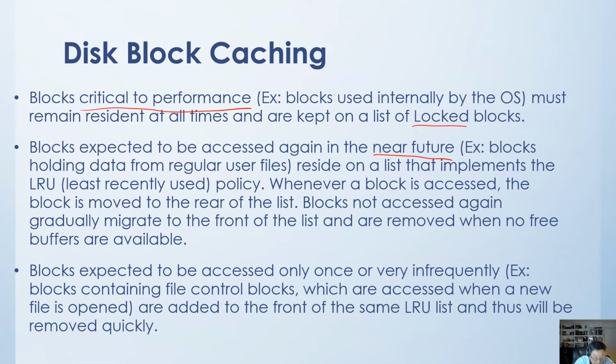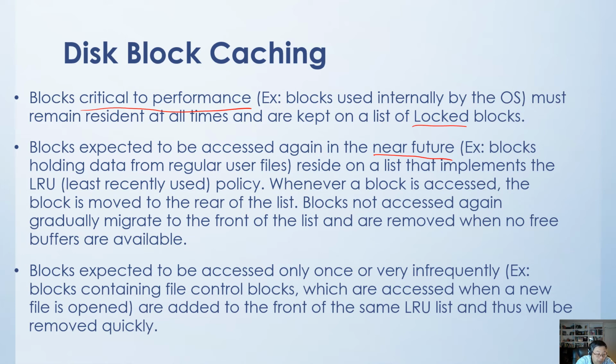Why is this? Because with the least recently used policy, if a block was accessed recently, most likely it will be accessed again. So we should keep that block in the cache.